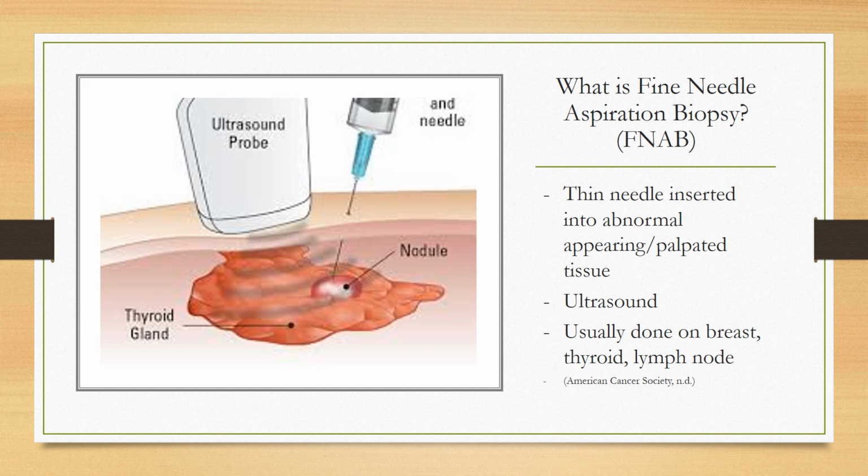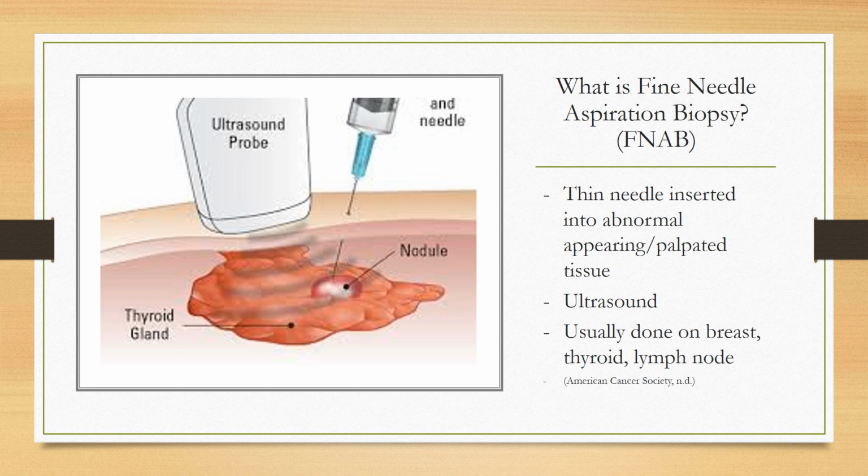The aspirate material will then be placed onto a slide where a pathologist will review it and see if the growth is a malignancy or a benign cyst or just a fluid-filled cyst.